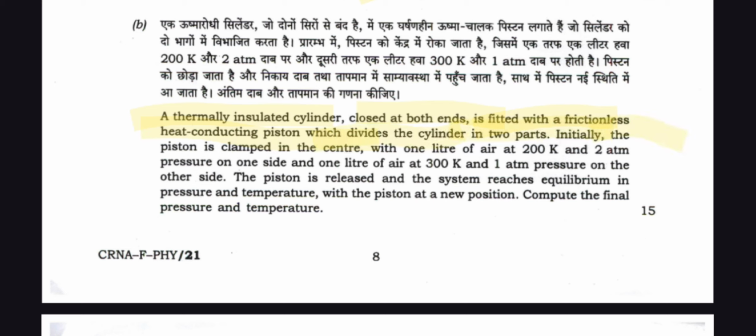Initially, the piston is clamped at the center with 1 liter of air at 200 kelvin and 2 atm pressure on one side and 1 liter of air at 300 kelvin and 1 atm pressure on the other side. The piston is released and the system reaches equilibrium in pressure and temperature with the piston at a new position. Compute the final pressure and temperature.